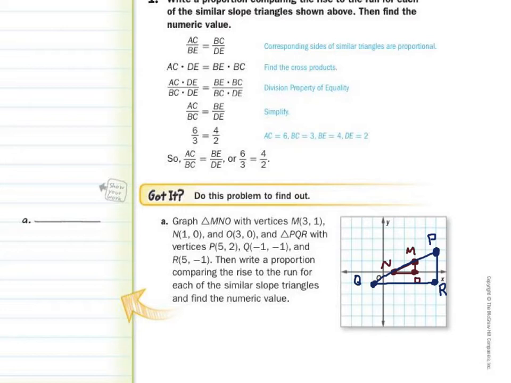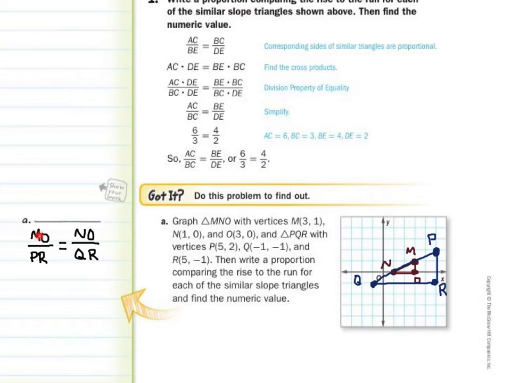We have MO matching with PR, and we can set that equal to NO over QR, as again, corresponding sides of similar triangles are proportional.